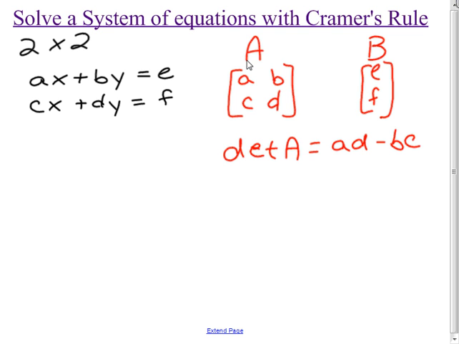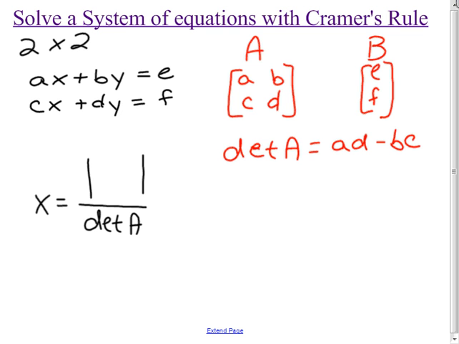So my x value is the following situation. It's a fraction. The bottom of the fraction is just the determinant of A, which is, again, just a number. Okay, it's just a single number. And on the top, I'm trying to find x. I'm going to have a 2 by 2 determinant in the top.